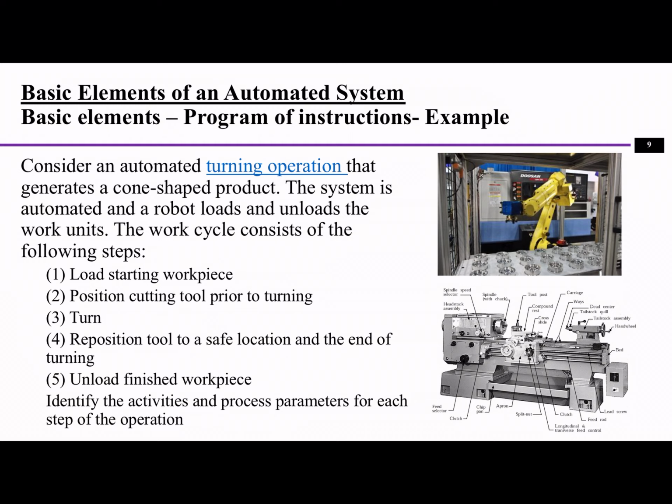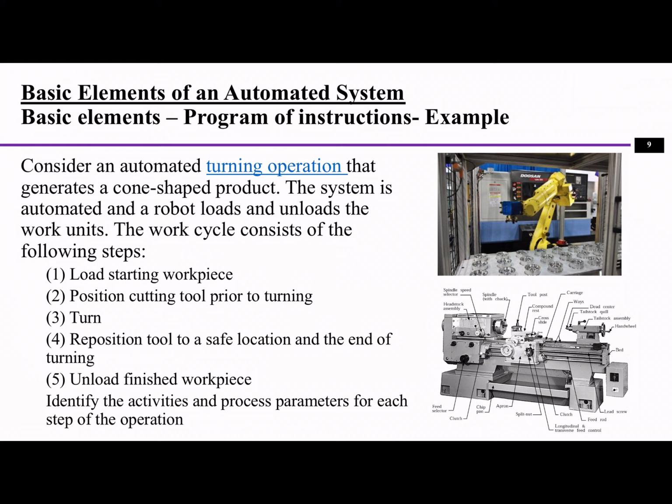These are the pictures about a turning operation. The above picture is a CNC turning machine with a robotic arm next to it, and the lower picture is about a turning setup. What is the typical setup of a turning machine? So you know where to hold the part, where the tools are held, and how it works.